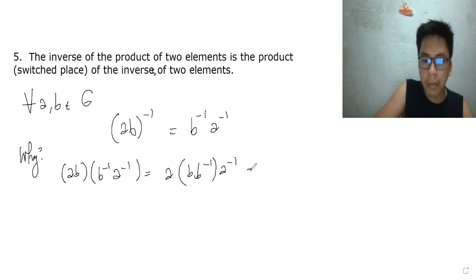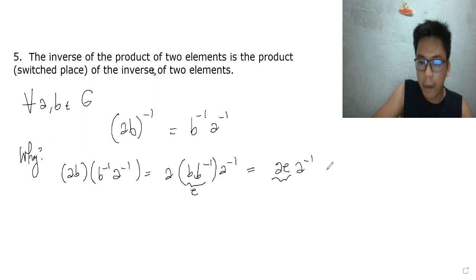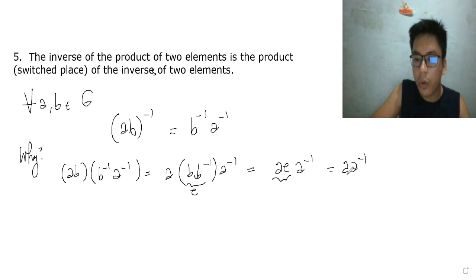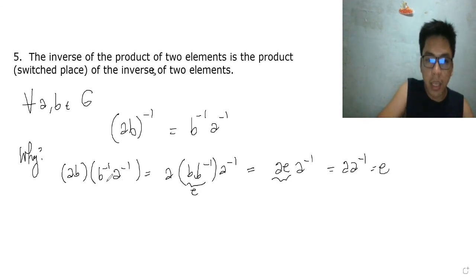And remember, B B inverse is the same as E. So I have A A inverse. If I multiply this, I would have E. Why? Remember that the binary operation of an element and the identity is the same as the element, and the binary operation of an element and its inverse is actually the identity. What does it mean? It simply tells us that this is actually the inverse of this, right?